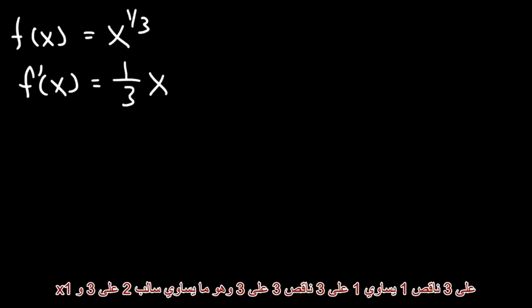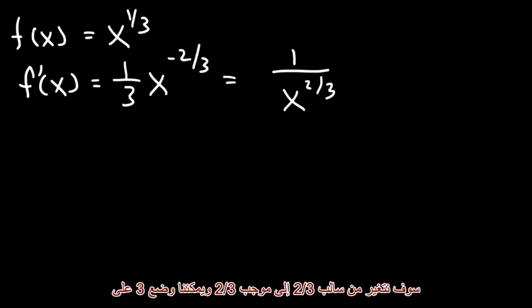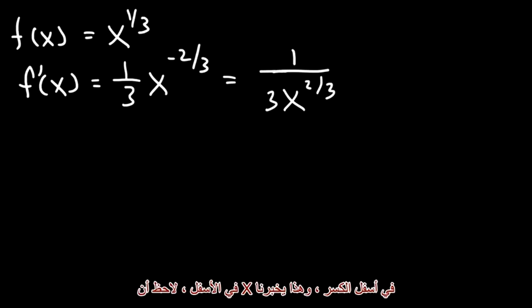So let's start with this function, f of x is equal to x to the 1/3. And let's find the first derivative. So using the power rule, it's going to be 1/3, and then x to the 1/3 minus 1, that's 1/3 minus 3/3, which is negative 2/3. And so you can rewrite it like this. If you bring the x to the denominator, it's going to change from negative 2/3 to positive 2/3, and we can put the 3 in the bottom. So notice that x is in the bottom of the fraction.